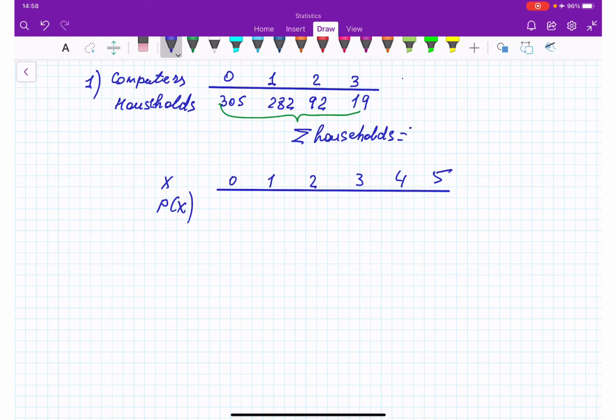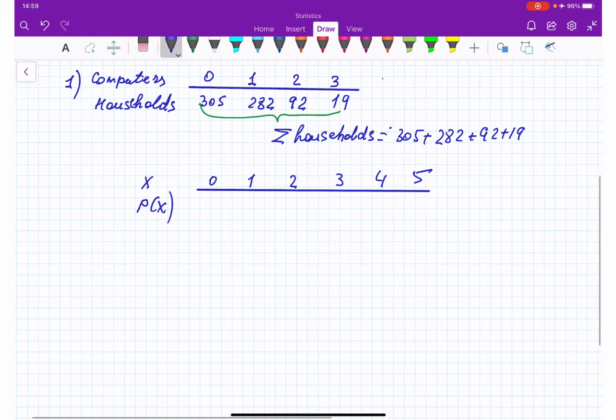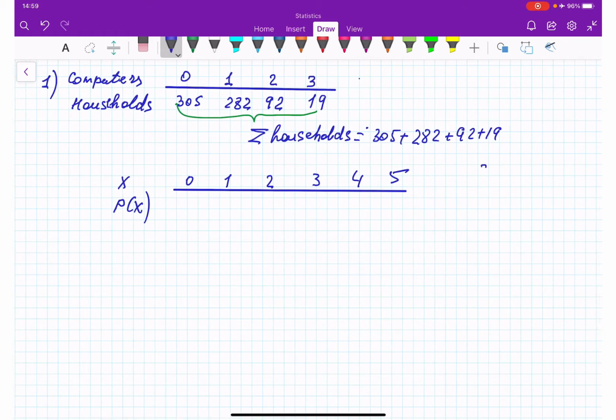It's going to be 305. That's why Excel is easy to work with. Okay, let me punch it. It's going to be 305 plus 282 plus, you know what, let me do it by hand. 305.